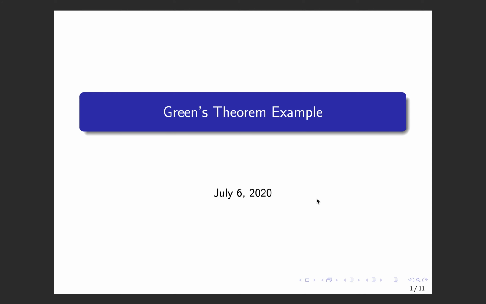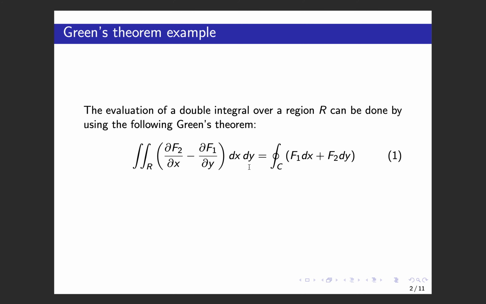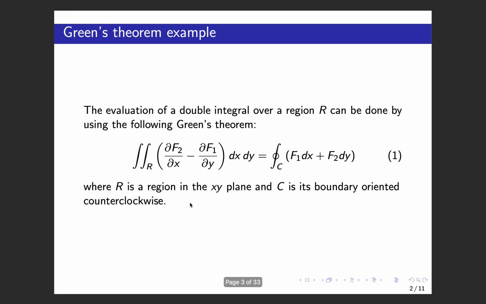Basically, Green's theorem is the following equality between a double integral of the difference of the partial derivatives of the components of a function f over a region R, and the line integral of the function f over the boundary C of the region R. The region R is in the xy plane and C is the boundary oriented counterclockwise.